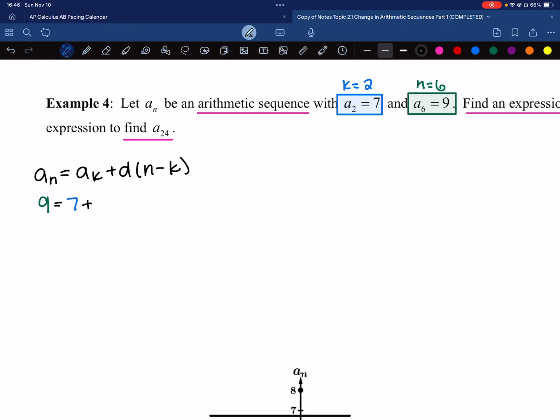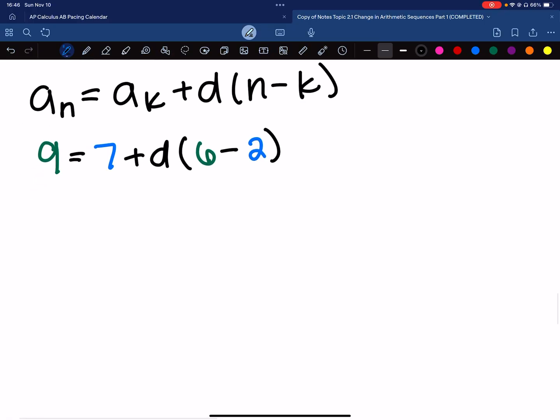We do not know the common difference. n we said was 6, and k is 2. And so now we can solve for our common difference. So if we did this, we would get 9 equals 7 plus 6 minus 2, which is 4, times d, is 4d.